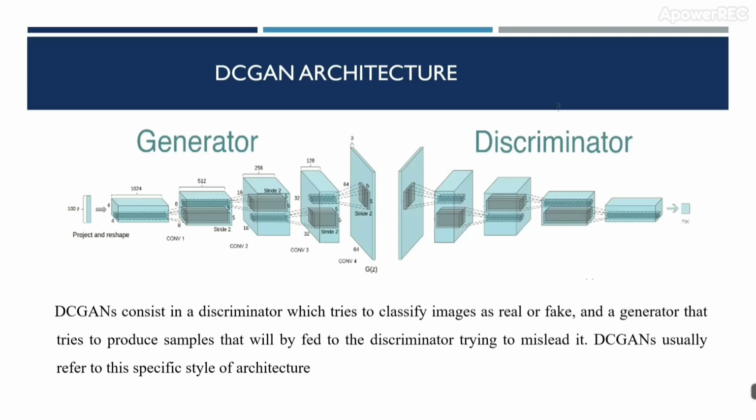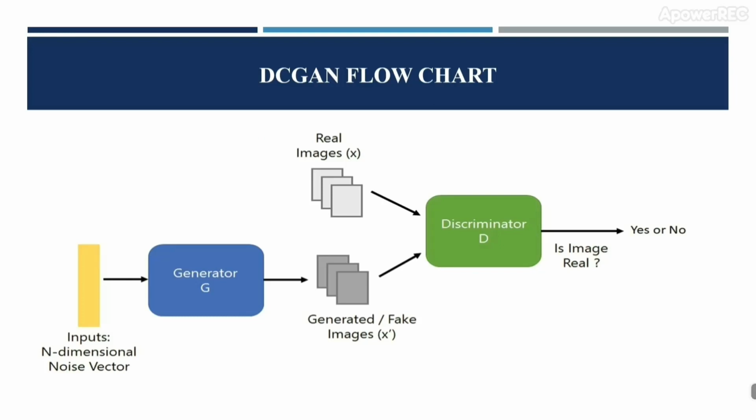In practice, the conversion of latent space vector to data space is accomplished through a series of two-dimensional convolutional transpose layers, each paired with a 2D batch norm layer and a ReLU activation. The inputs for the generator are NZ, NGF and NC, where NZ is the length of the latent space vector, NGF is the size of the feature maps that are propagated through the generator, and NC is the number of channels in the output images. The remaining part will be explained by my team member Sneha.